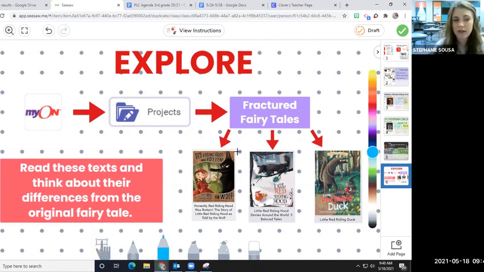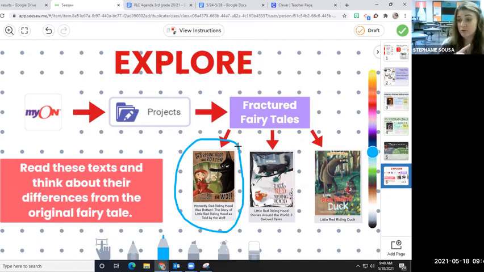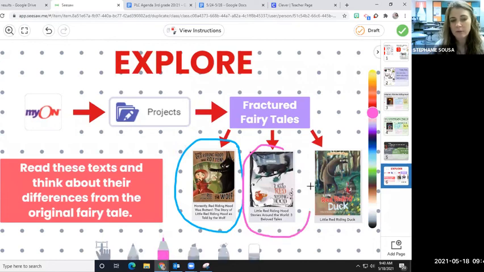Okay, this one is interesting because this one is written by the wolf. So the wolf in this version is the good character and Little Red is actually the evil character.